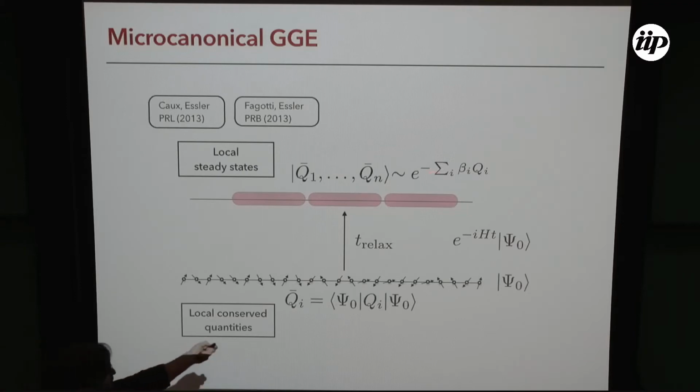That is equivalent to saying that the system locally is described by a statistical ensemble of this form, just a Gibbs statistical ensemble where there are a number of chemical potentials associated to the conserved quantities. This is just a canonical Gibbs ensemble. This is the picture that you have when you do homogeneous quantum quenches, and in general these are called generalized Gibbs ensembles. Microcanonical because you can represent these ensembles simply with an eigenstate.